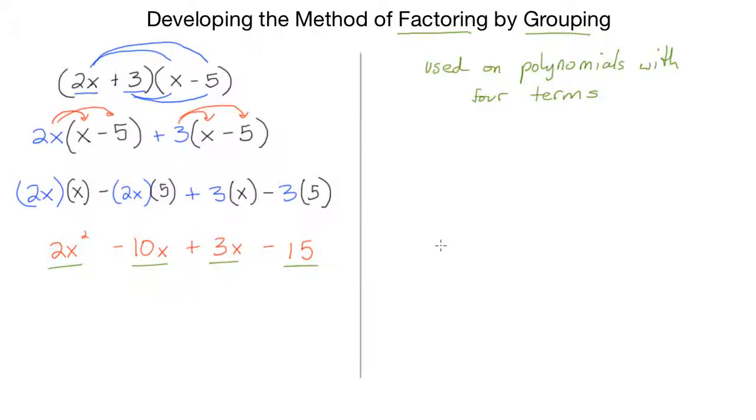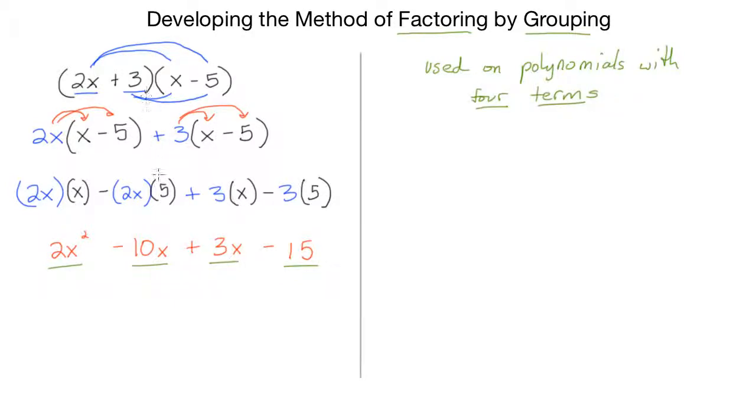That's a polynomial with four terms. And typically, we want you to recognize when you see four terms and you're asked to factor something, factoring by grouping is kind of the default that you should head towards to see if you can get it to factor out. So that's the first thing I wanted to point out: when you have four terms, you're probably going to use factoring by grouping.